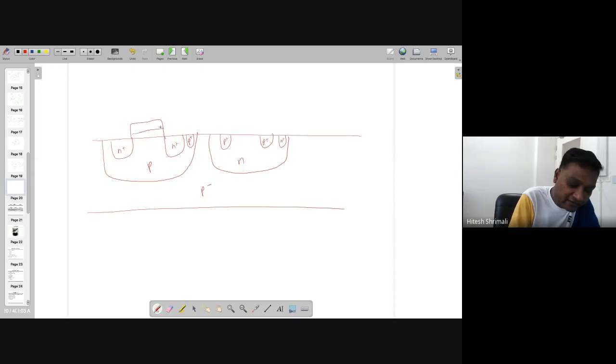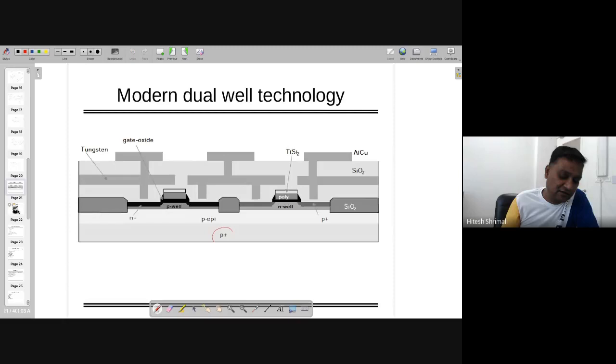So you might have this kind of structure of CMOS where two different wells can be seen here, P well and N well. The same thing is drawn here in this diagram, where this is P plus, and inside this, two different transistors are there. One is creating PMOS and one is creating NMOS. So this is called dual well technology, where there are two different wells.